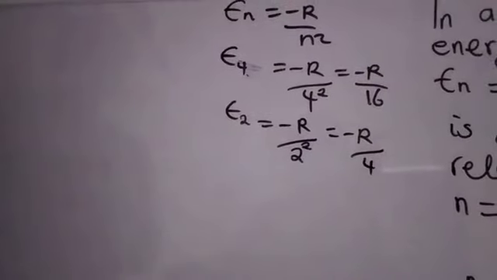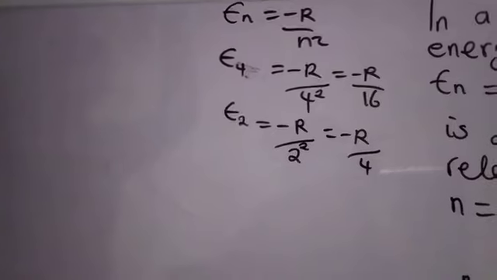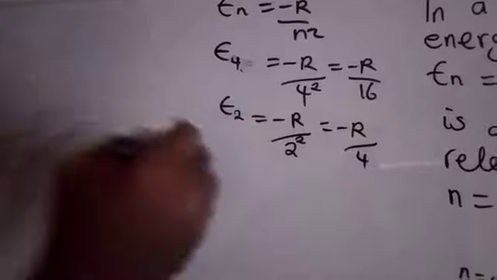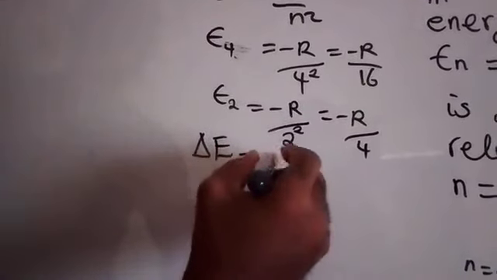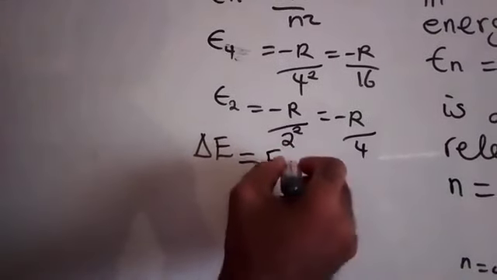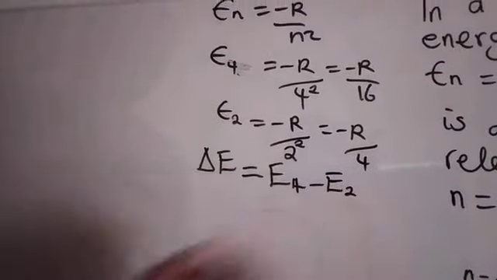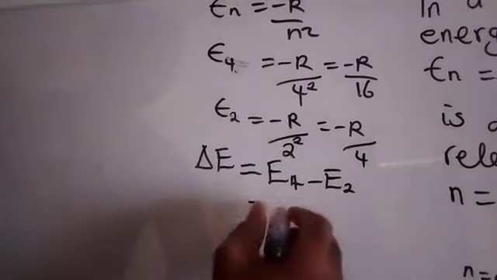Now that means if you were in 2, then they took you to 4, you must pay the change to come back to 2. So the difference in energy it has to give back so that it can return to its house is energy in 4 minus energy in 2. Now what is energy in 4?